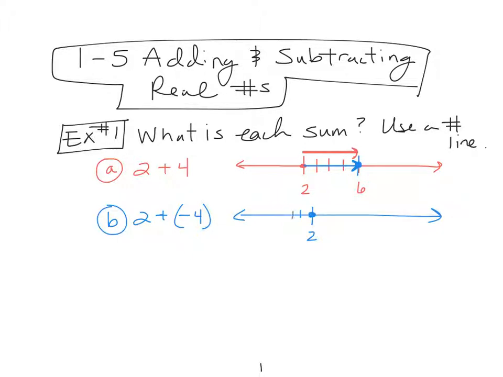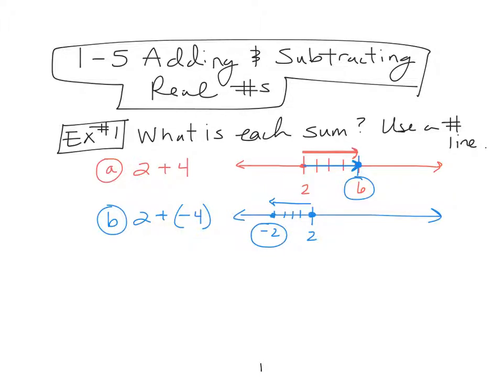So 1, 2, 3, 4 units to the left. You're at 2 now, so this is 1, 0, negative 1, negative 2, right? So 2 plus a negative 4 is negative 2, whereas up here, 2 plus 4 was positive 6, okay?